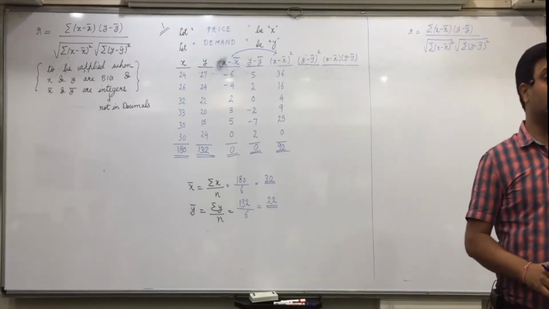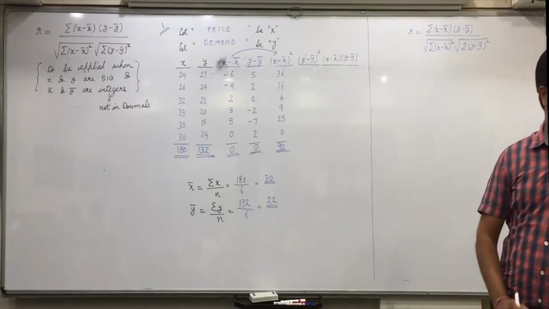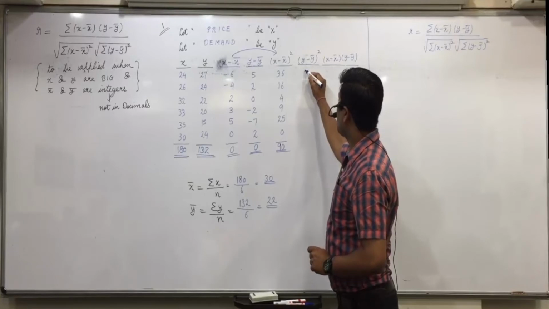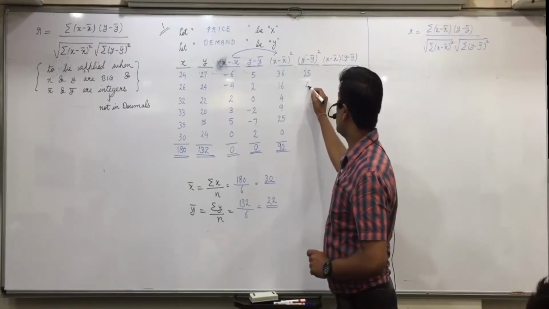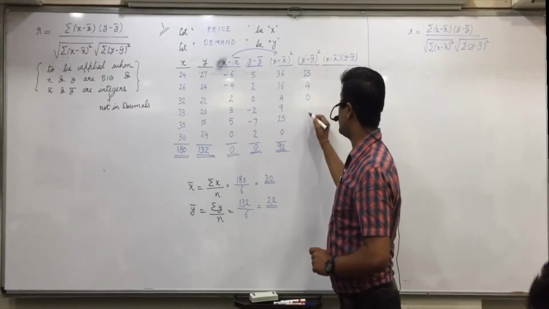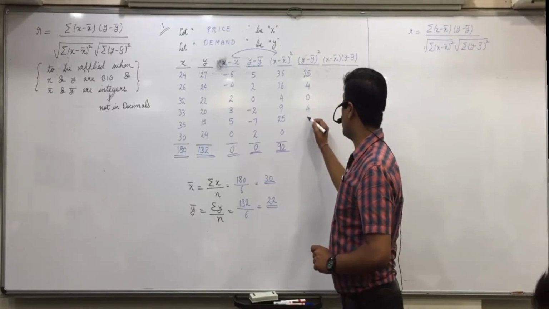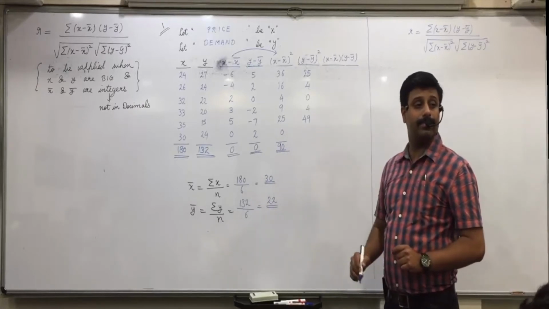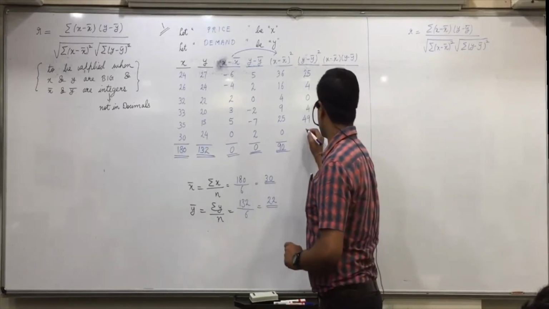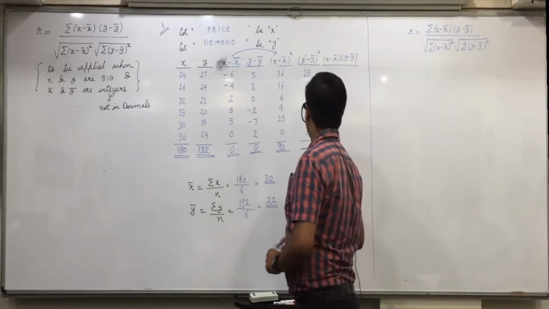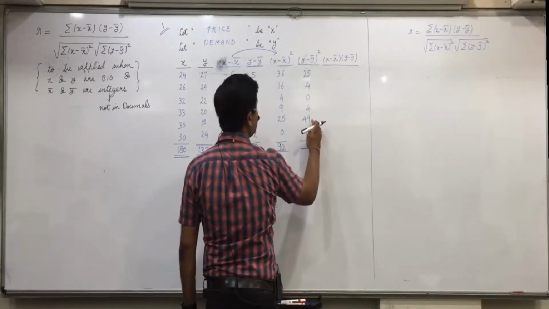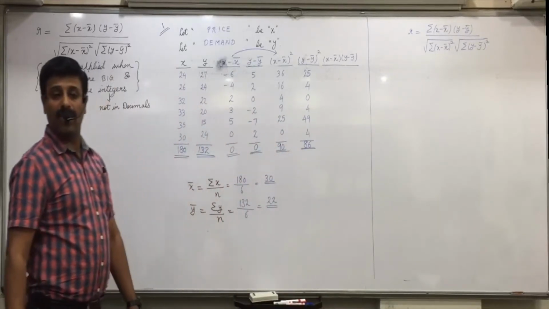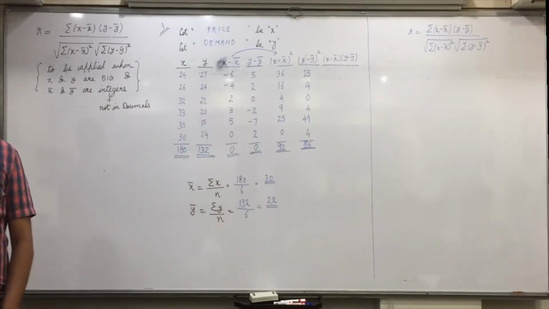Then, Rishabh, y minus y bar square. 5 square 25, 2 square 4, 0 square is 0, 2 square 4, 7 square is 49, and again 2 square is 4. 25, 29, 33, 82 and 86. Are all of you clear with it? Any confusions?